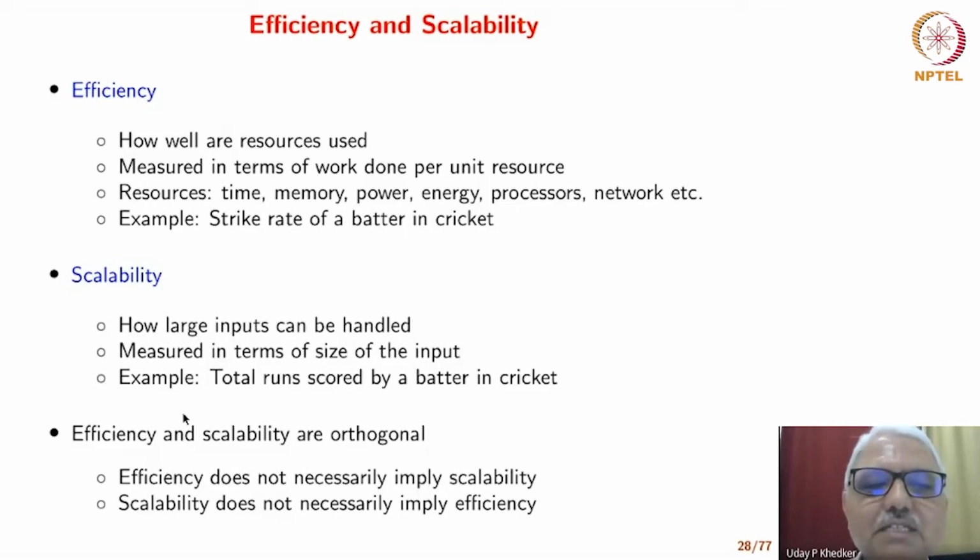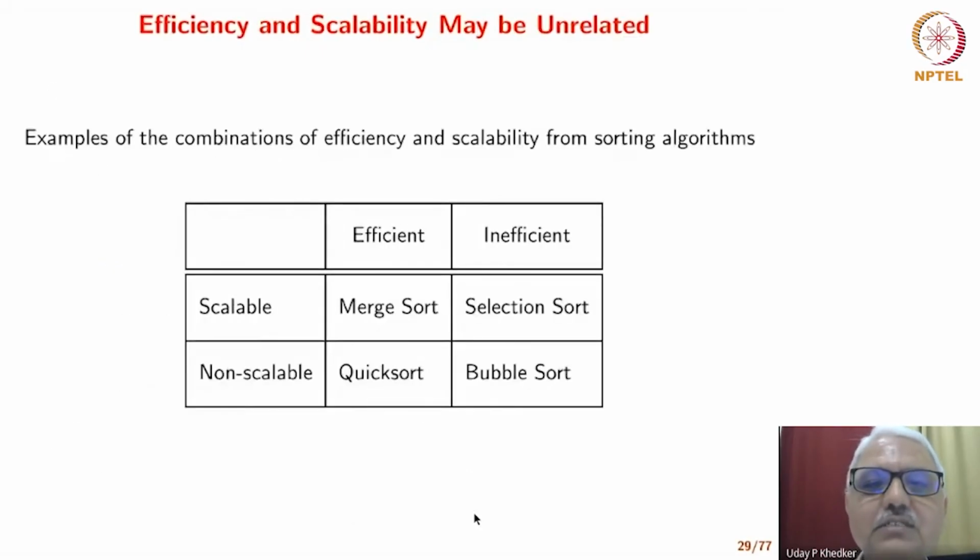Efficiency and scalability are orthogonal. Efficiency does not necessarily imply scalability, and scalability does not necessarily imply efficiency. I'm not going to discuss this any further, but I'm going to leave this slide with you to think about. Merge sort is an example of a scalable and efficient sort.